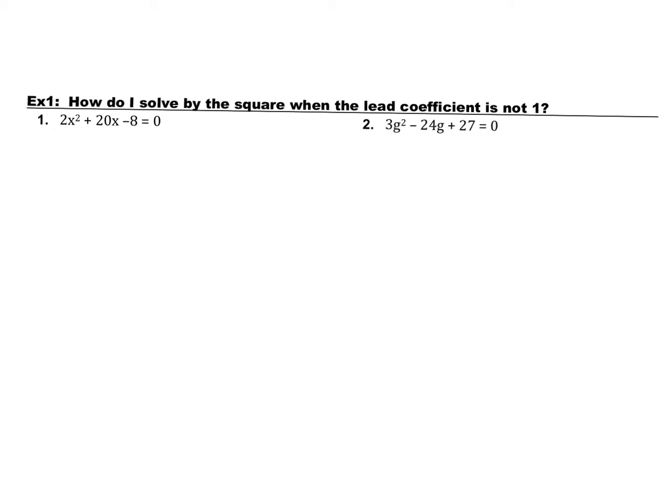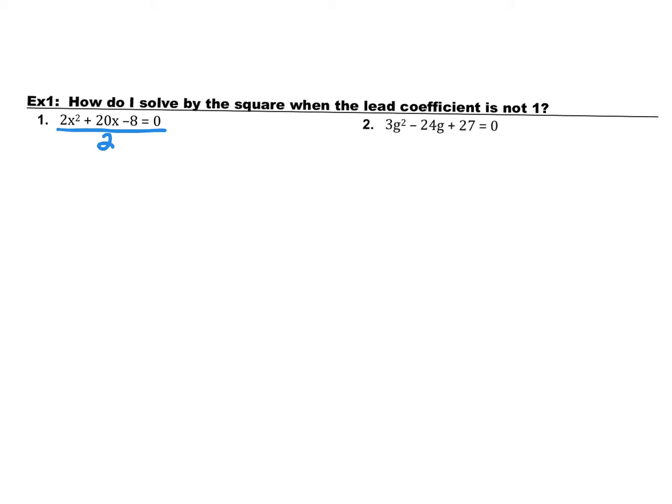All right, so how do I solve by completing the square when the lead coefficient is not 1? Notice I have 2x squared plus 20x minus 8 is equal to 0. So let's see if we can divide the whole thing by a number. I'm going to divide everything by 2. Notice that 2, 20x and minus 8 can all be divided by 2.